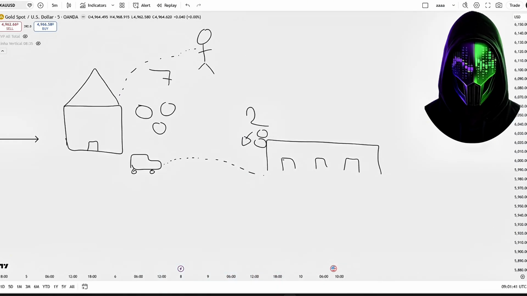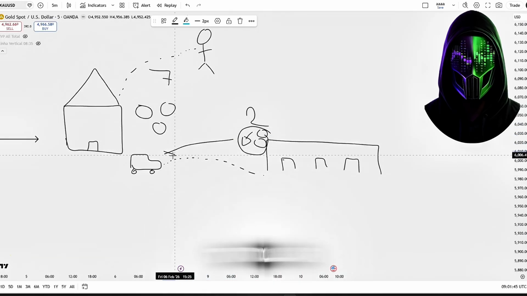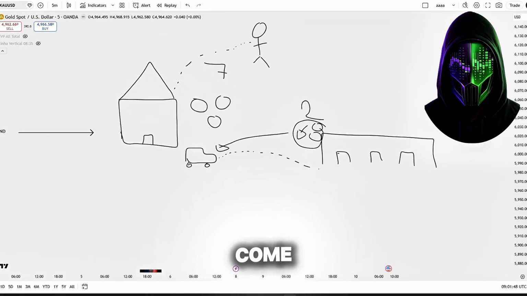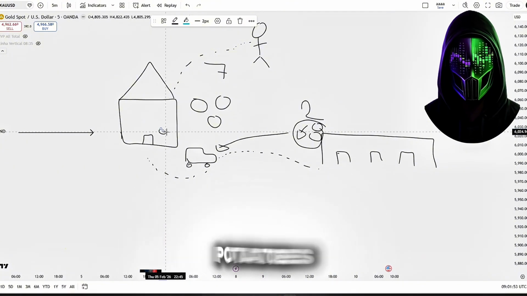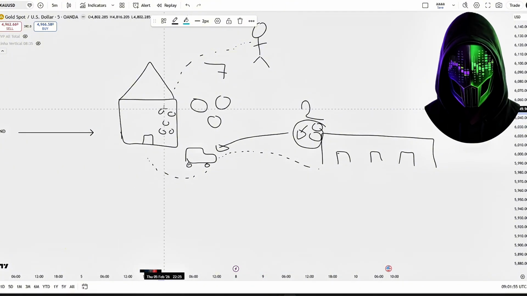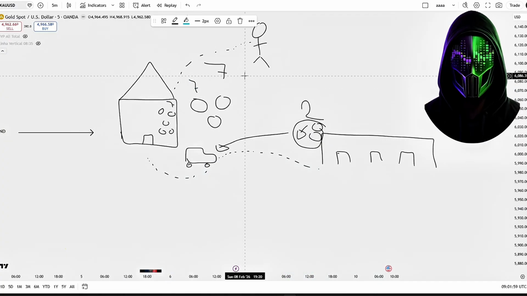You load up your truck with the $2 potatoes, then you come to your market and put these potatoes to sell for $7.